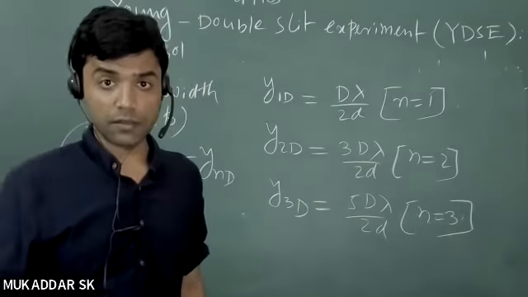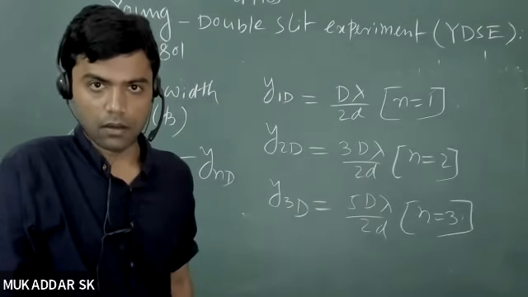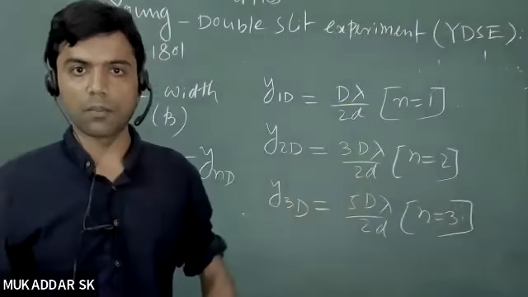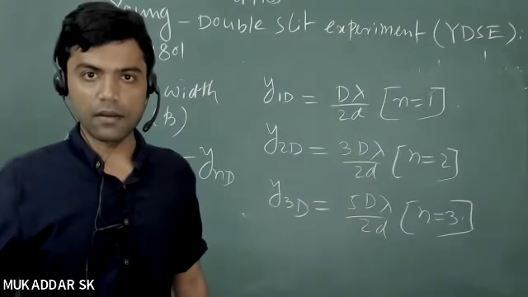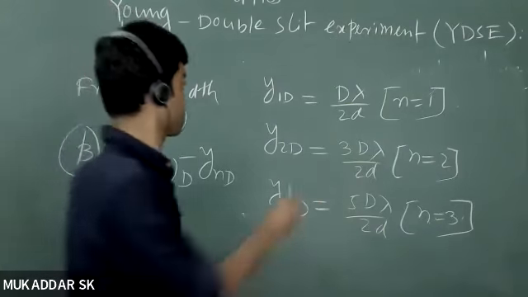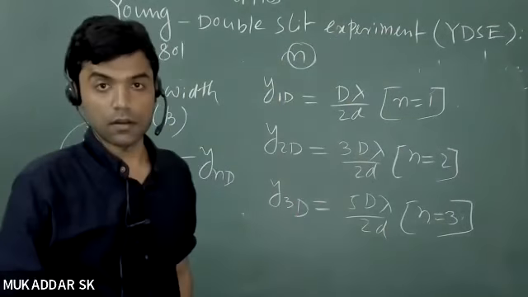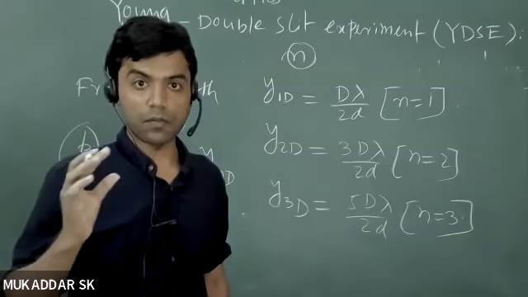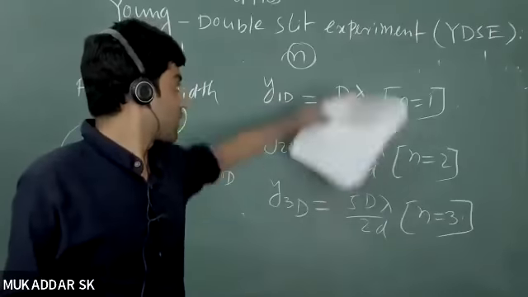Now you shift this whole experiment to some medium, some oil, and the oil has refractive index small n. How much will the fringe width be when you perform this experiment in oil having refractive index n?